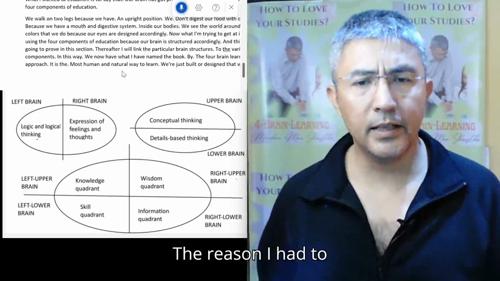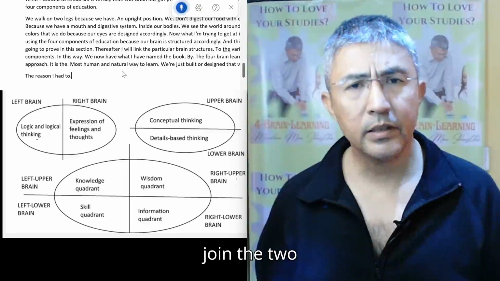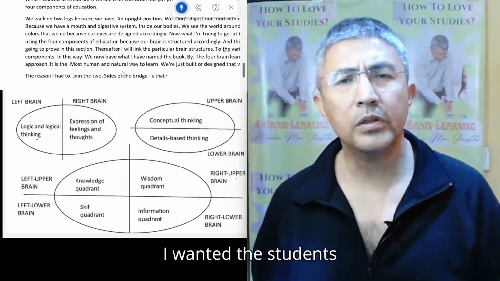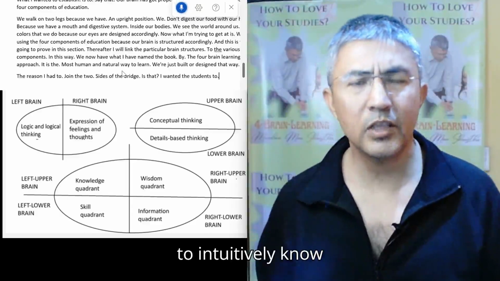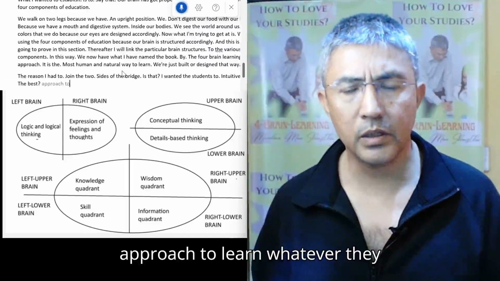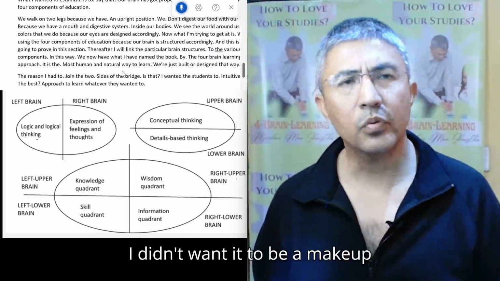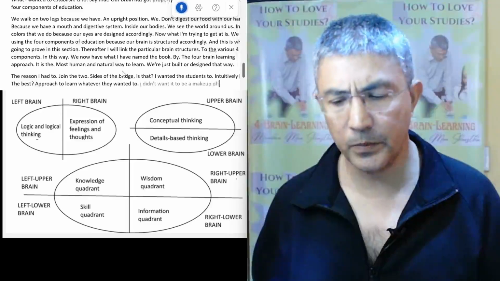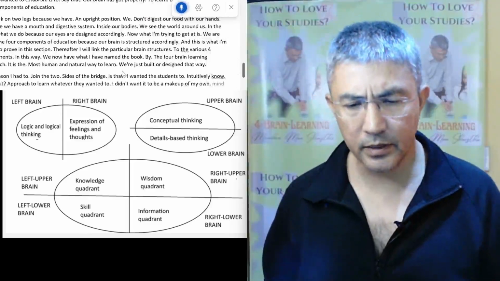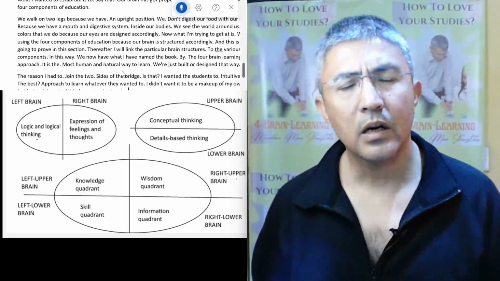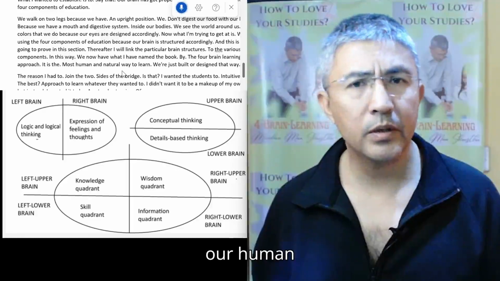The reason I had to join the two sides of the bridge is that I wanted the students to intuitively know the best approach to learn whatever they wanted to. I didn't want it to be a makeup of my own mind, but instead, I wanted it to be a natural extension of our human existence.